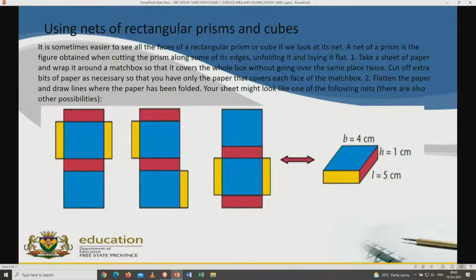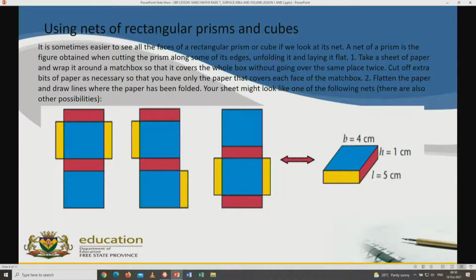Now flatten the paper and draw lines where the paper has been folded. Remember, those lines will be the edges if we have a prism. Your sheet might look like one of the following nets. There are also other possibilities. But now, let us have a look at these nets, which I have colored in 3 colors.